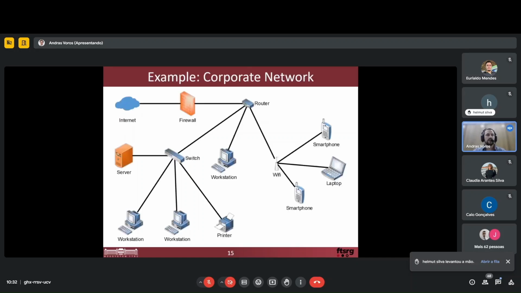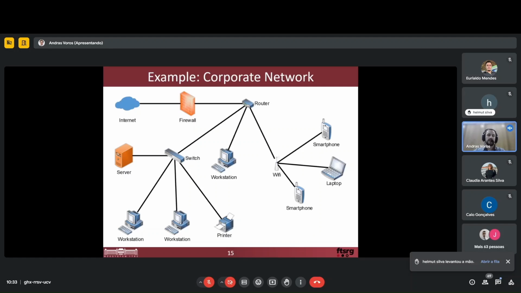And let's take a closer look at the example of a corporate network. So if I have, let's say, the structural, the architecture model of this corporate network, we can still answer interesting questions related to the structure of this example network that will definitely influence the behavior of this system.